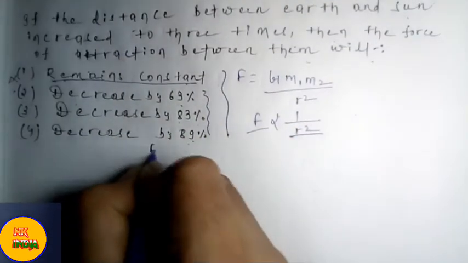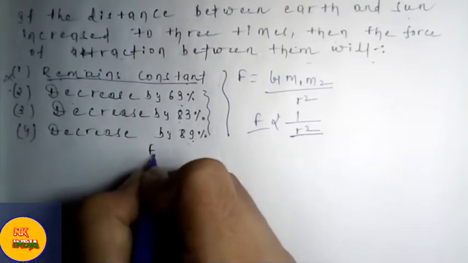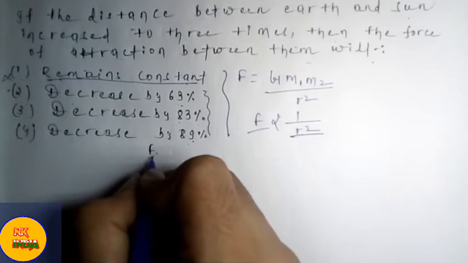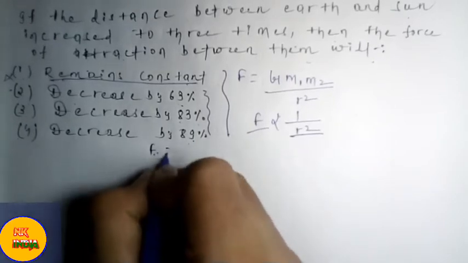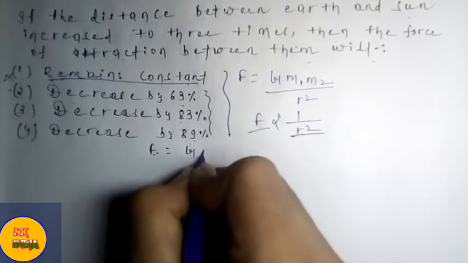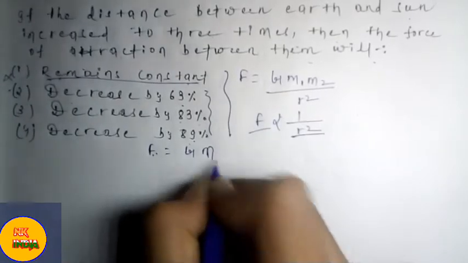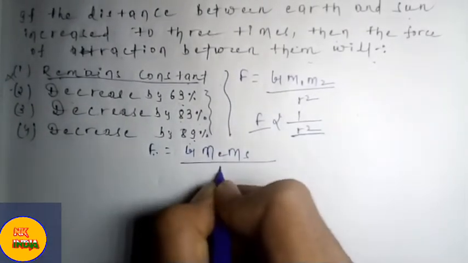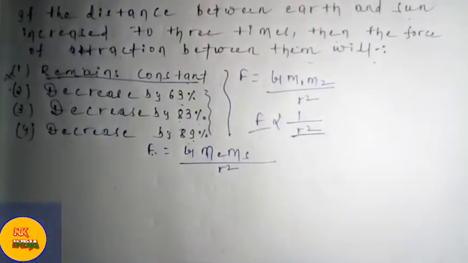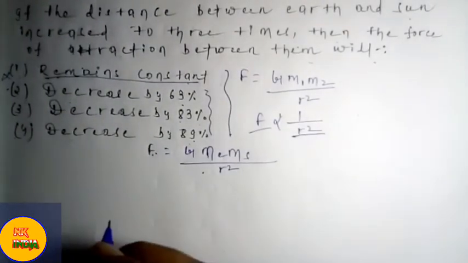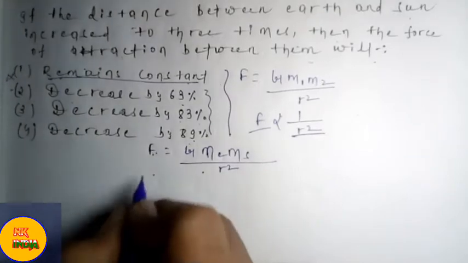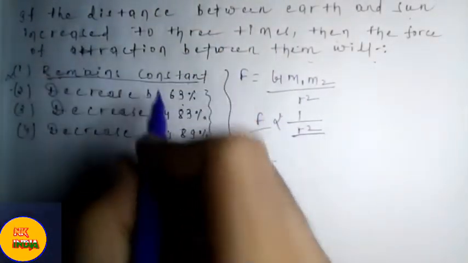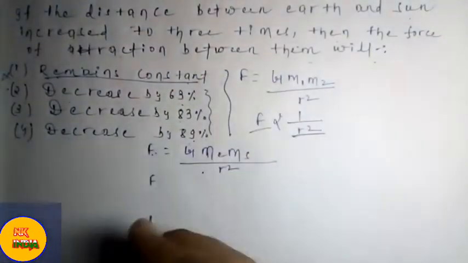So let us have a look here. We can say that the force of attraction between Sun and Earth is capital G into mass of Earth into mass of Sun divided by r square. But here the distance is increased to 3 times.